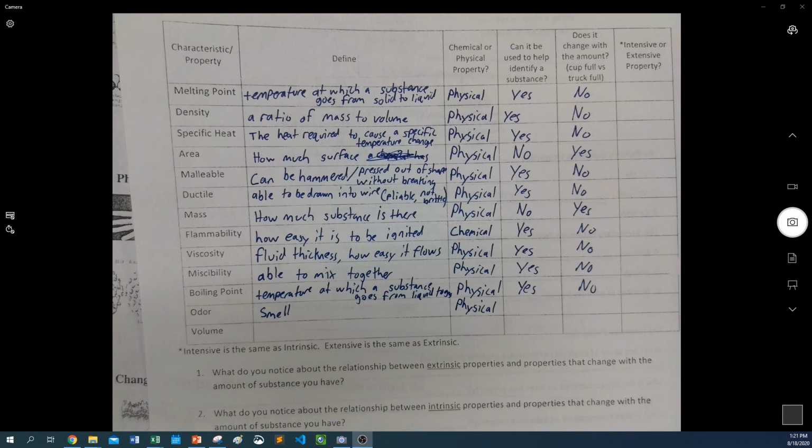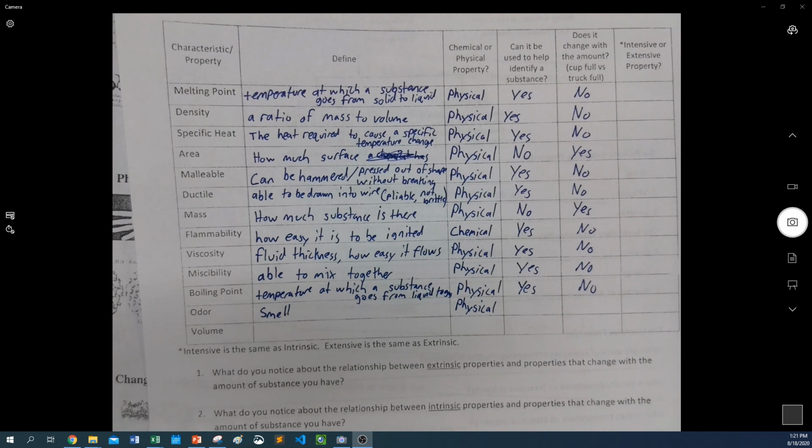The reason why is if you had, for example, perfume in a bottle and it's clear, you can identify it by smelling it without really chemically altering it. Another reason why odor is sometimes called chemical is you have to destroy some of the sample. You have to breathe it in in order to identify it. And once you breathe it in, it's lost forever.